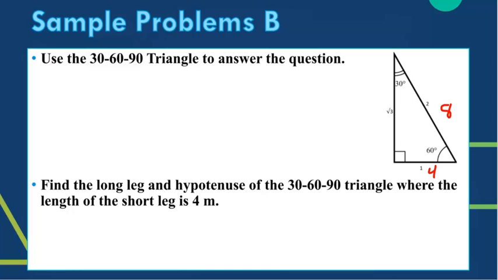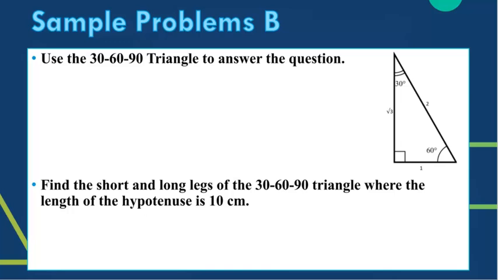And then this would have to be the square root of 3 over 2 times the hypotenuse, which is 8. So the long leg is going to give us 4 square root of 3, and the hypotenuse is going to give us 8.